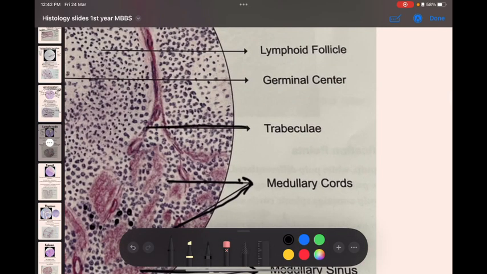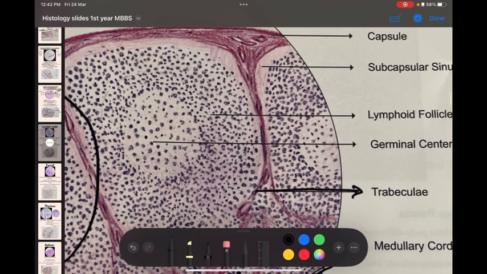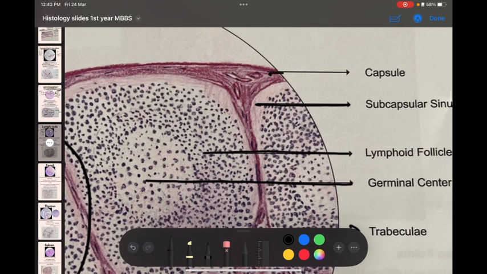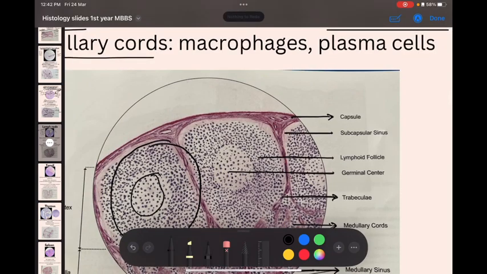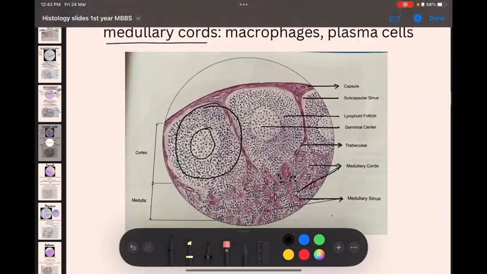Now, this is the trabeculae. This is the germinal center, lymphoid follicle, subcapsular space, the capsule. And in the germinal center, we have B lymphocytes.